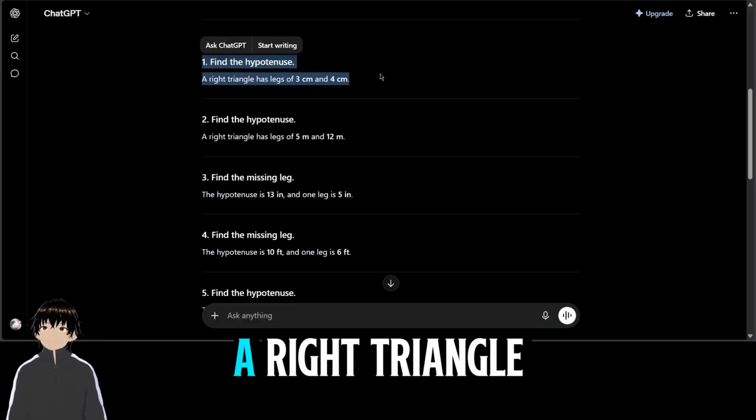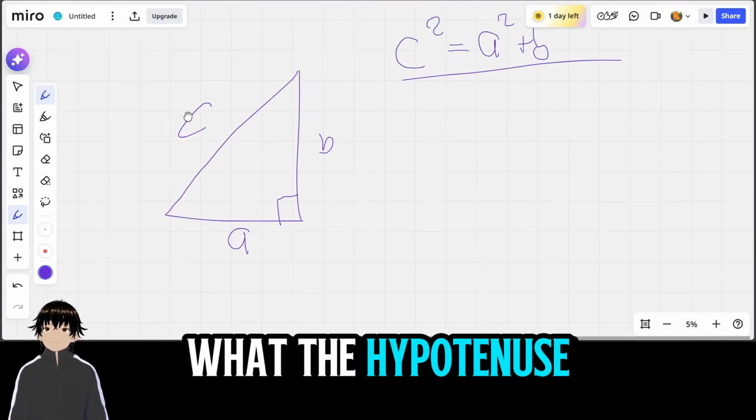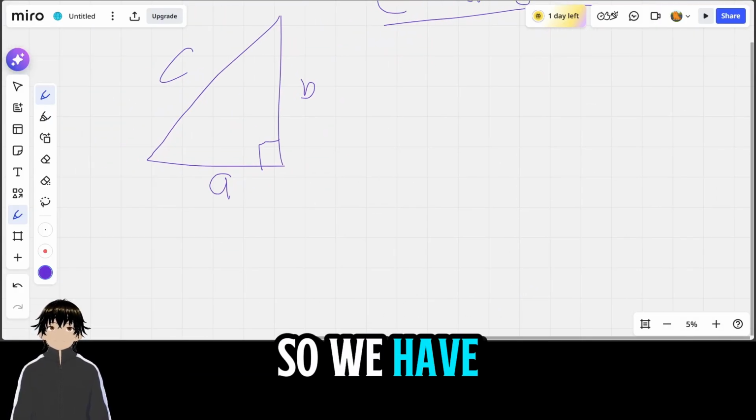Find the hypotenuse. A right triangle has legs of 3 centimeters and 4 centimeters. So now we have to find what the hypotenuse is. So we have 3 and 4.